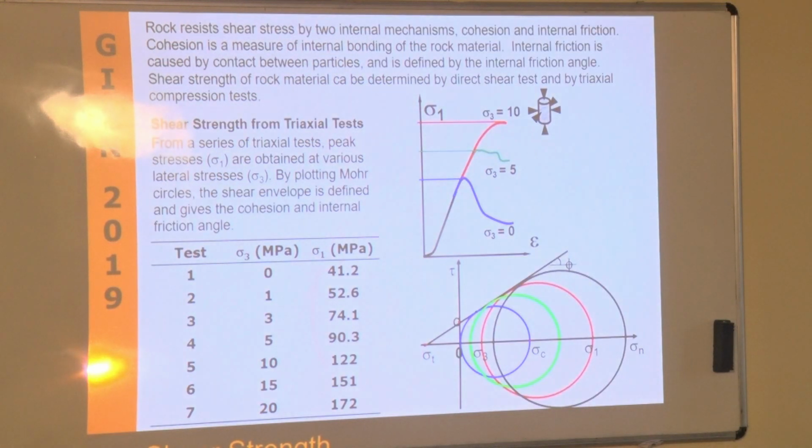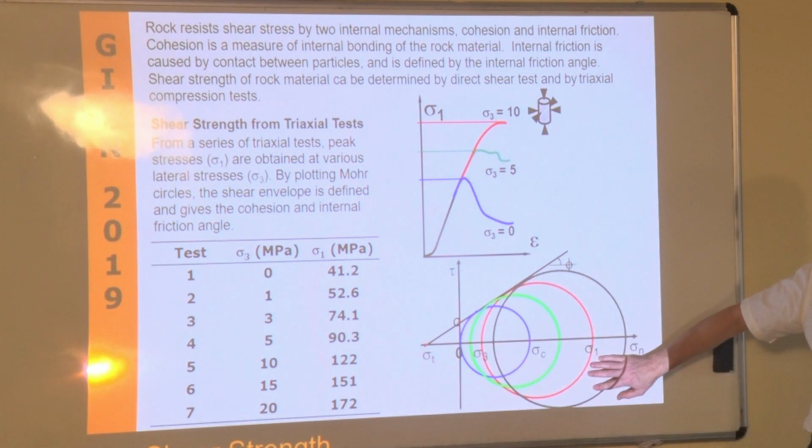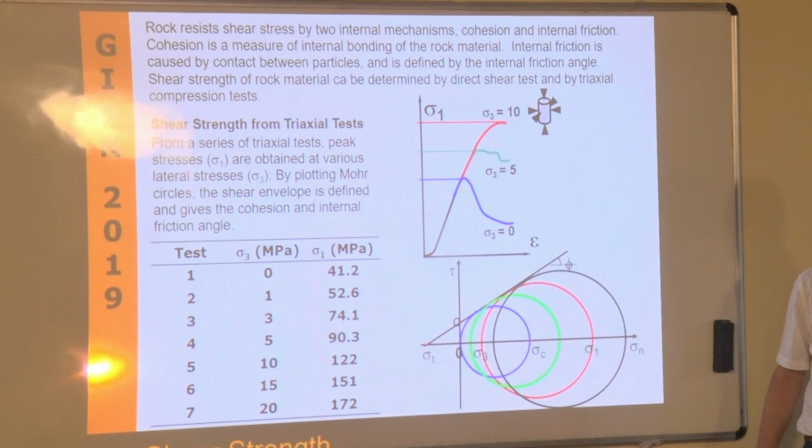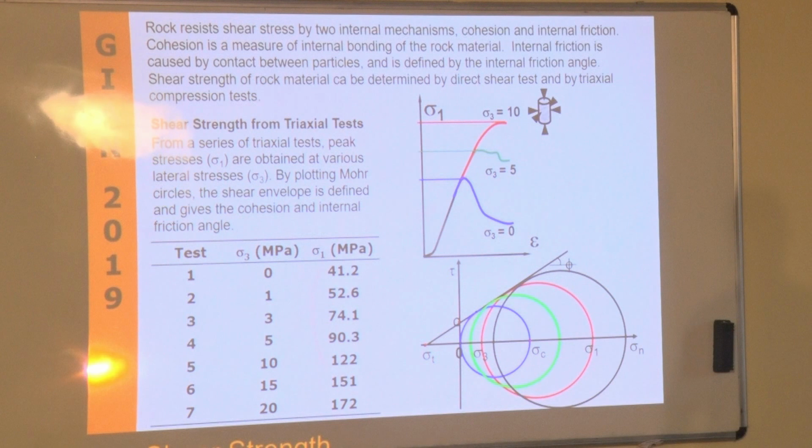So what do you do with the triaxial test? Well, you use the uniaxial test and the Brazilian or direct tensile test. We can plot them on the shear stress versus normal stress plane, and look at the envelope that can be built using those Mohr circles obtained from your triaxial tests, UCS and tensile test.